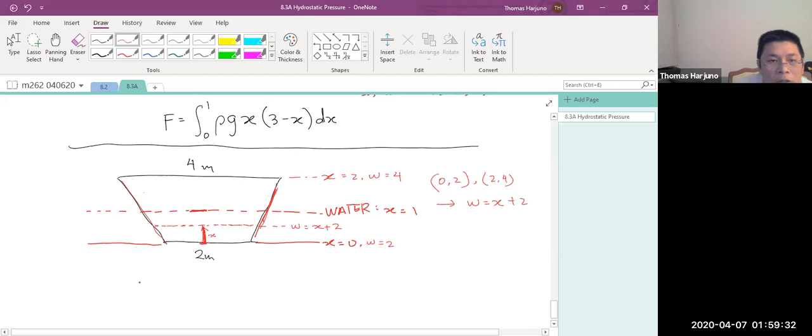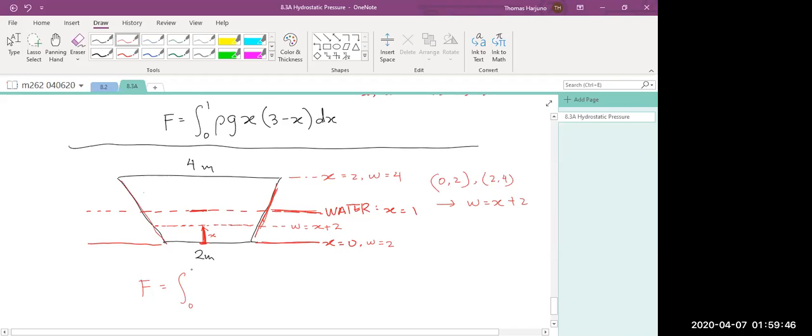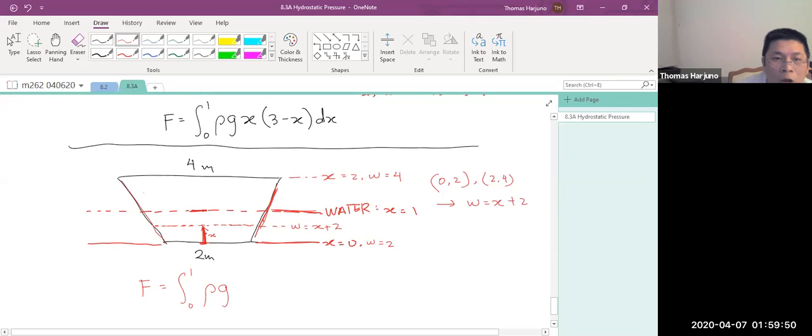Now, the hydrostatic force will be the integral. My x will be moving from what to what? From 0 to 1, rho g. Now, when this is x, what is the depth? How deep is it?